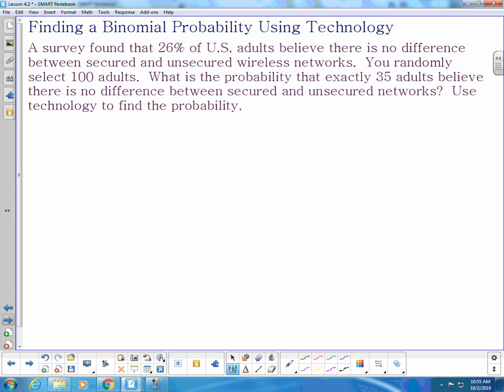Okay? So what is my N? How many people are in my sample? 100. C, what is the X? 35. What is my success? 26 to the 35th. What percent believe there is a difference? 74. And how many believe? 65. That's your formula. This is not complicated to do.